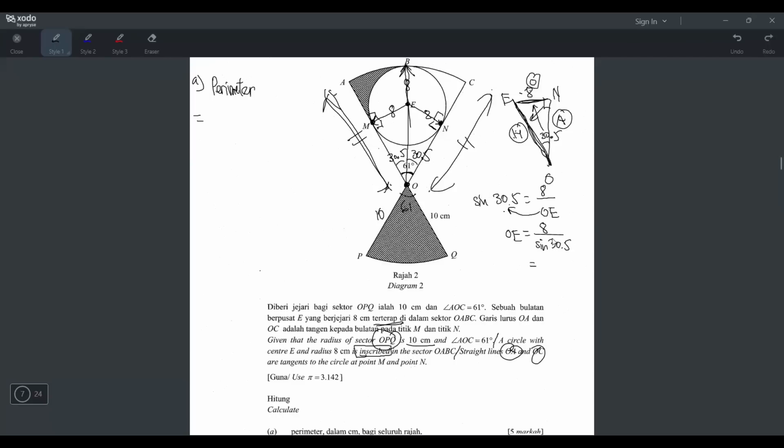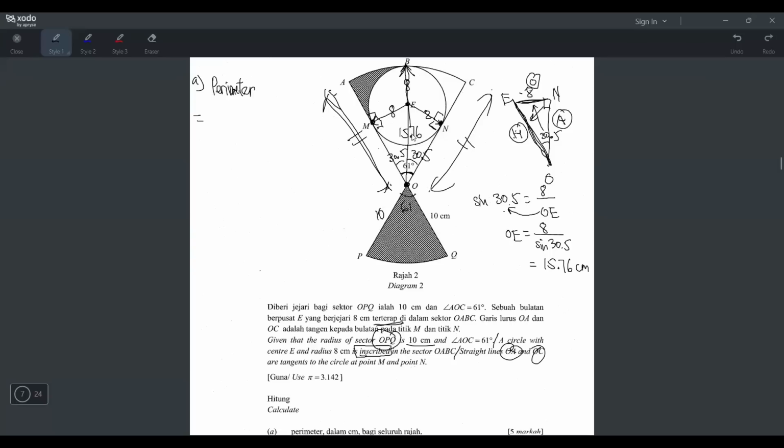And you just press this, you get the answer. 8 divide sine 30.5. Okay, let me press. My calculator gives me 15.76. I don't know if you get the same or not, but that is the answer. 15.76 cm. The OE length is from here to here, 15.76, right?